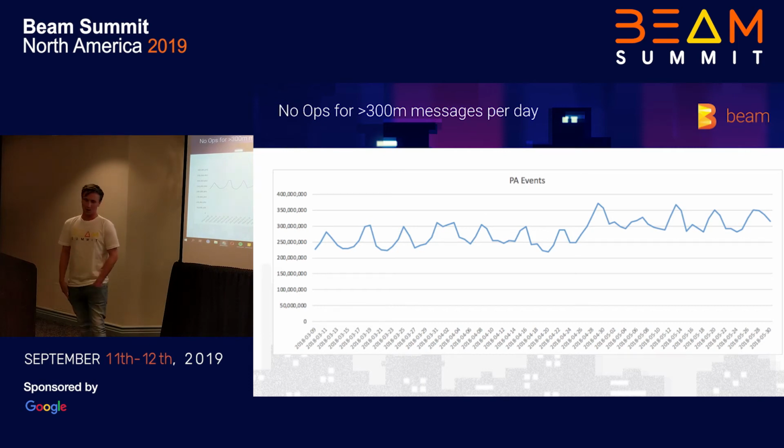And this is also one of the reasons they chose a particular runner, which is the Dataflow runner, because it comes with a serverless architecture where you don't need to worry about the ops. Your cluster will auto scale whenever more data arrives in your pipeline. So they were really happy about that as well.